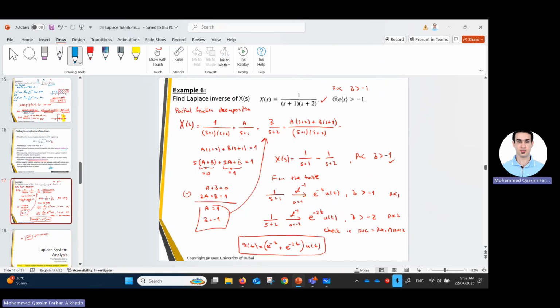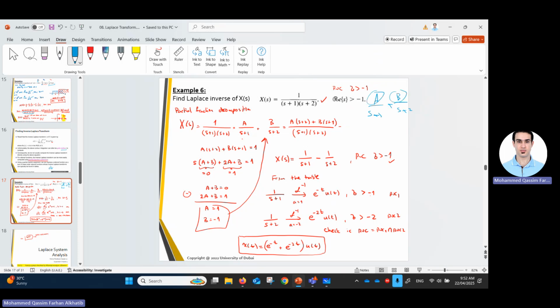So for example, I think we've done the same for the Fourier partial fraction expansion. Here you have 1 over (s plus 1) times (s plus 2). It will become a over s plus 1 plus b over s plus 2, and your task is to find the values of a and b.